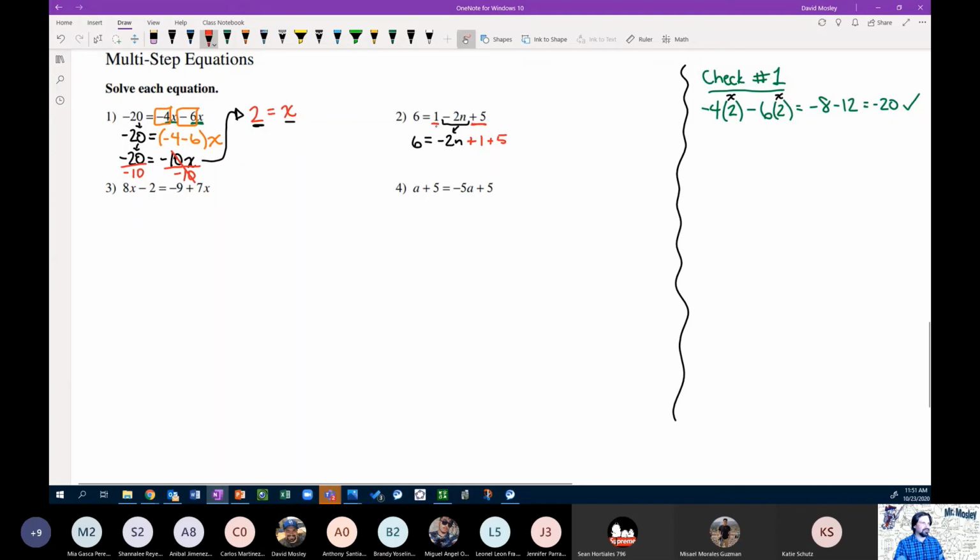These are my like terms. We have 6 equals -2n +6.